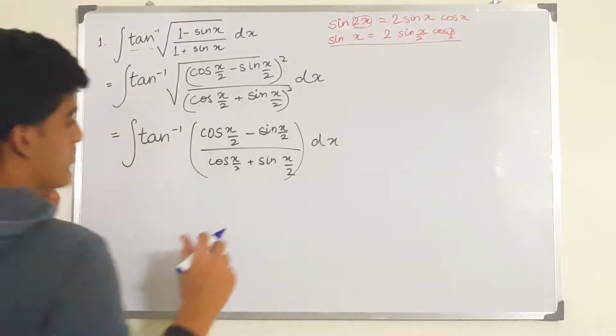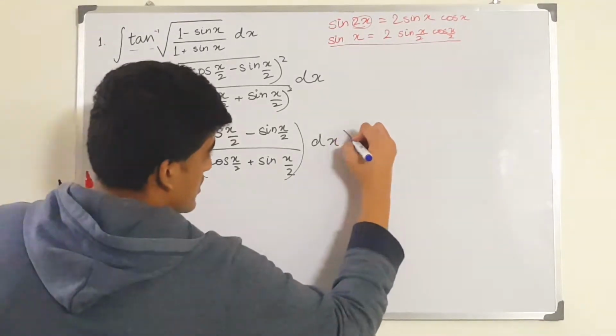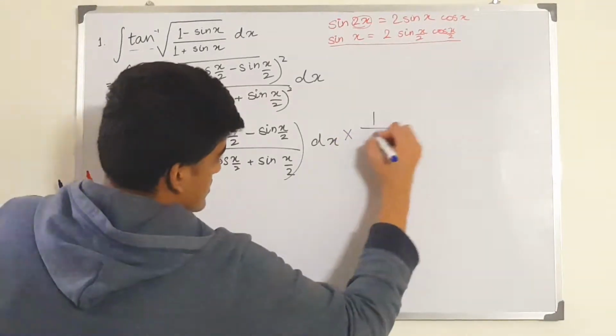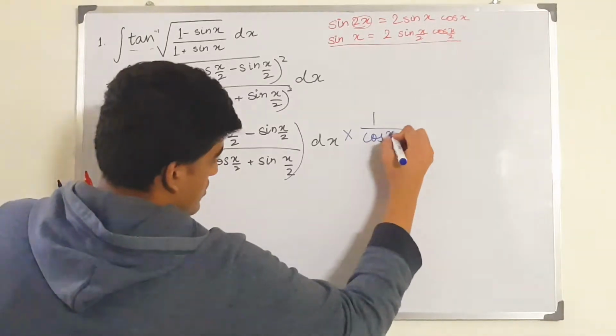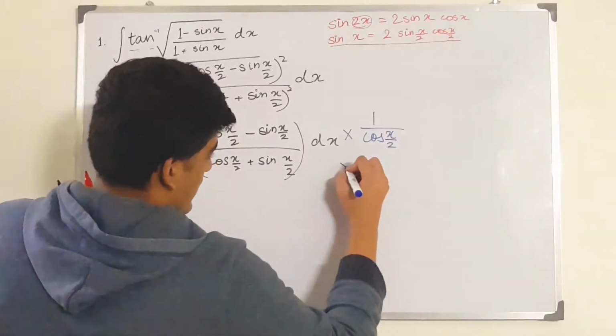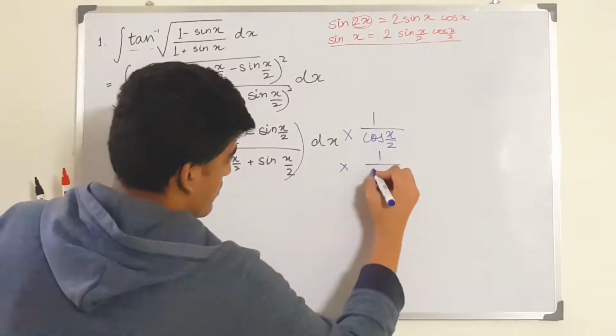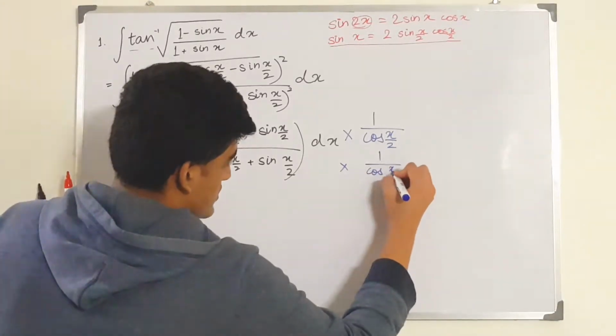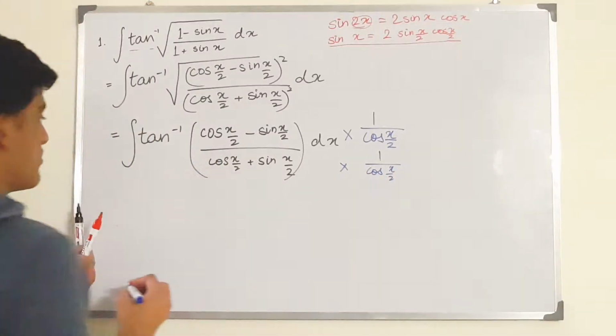What happens when we do this? Let's see, shall we? We're going to divide the numerator and the denominator with cos x by 2.